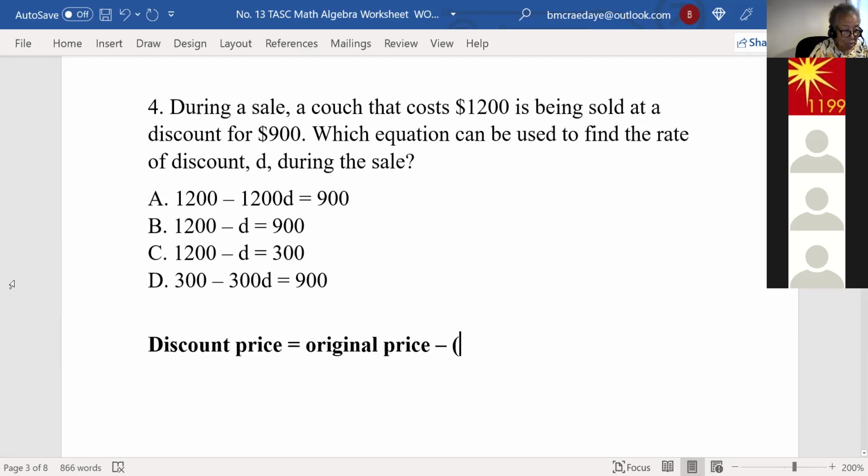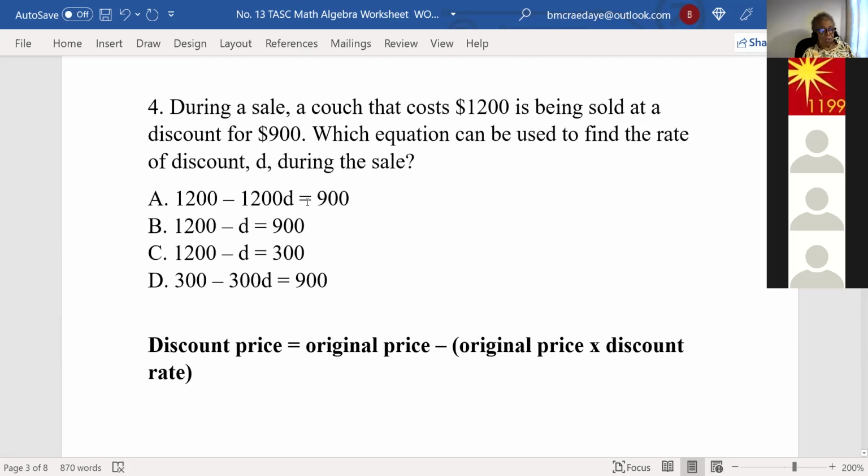No, this is the discount price here. Original price minus what? The original price times the discount rate. That's what the discount price is.